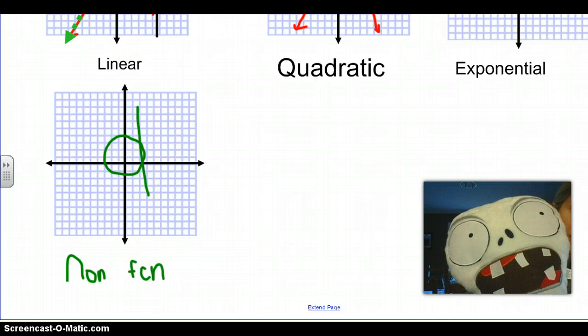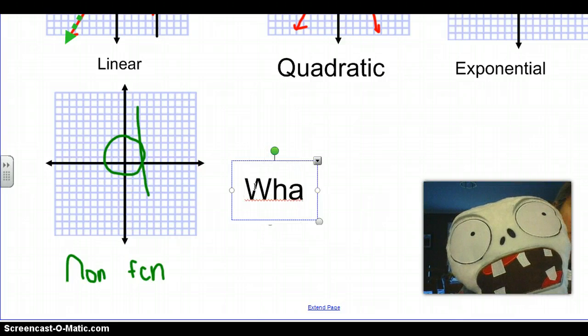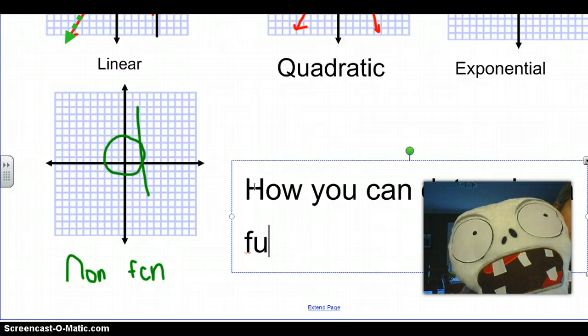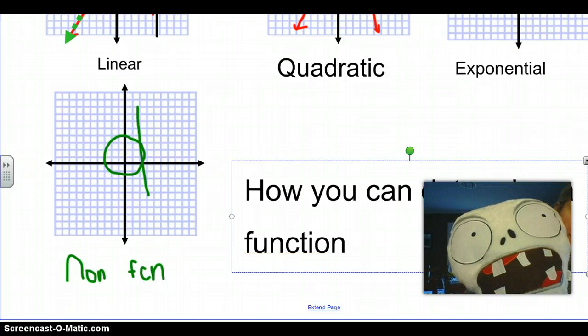And then the last thing I'm going to ask you to do is to write out in words how you can determine a function. Right? How can you determine a function? And you can do that in several ways.